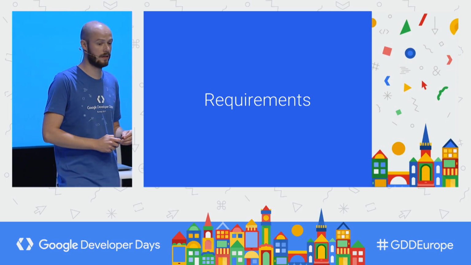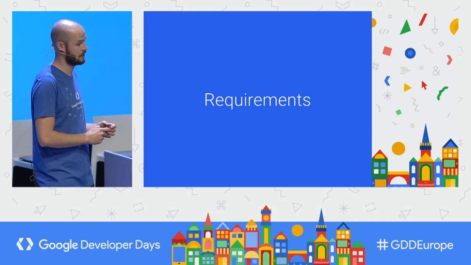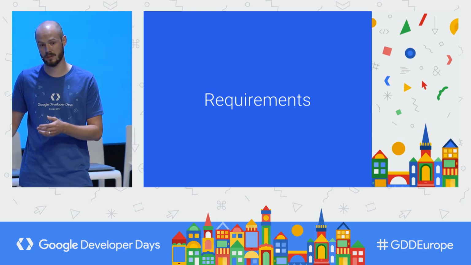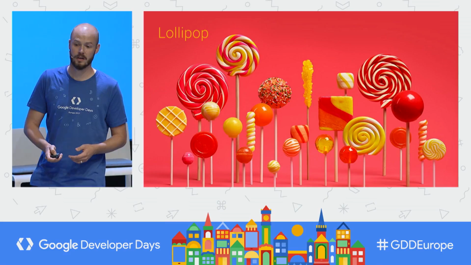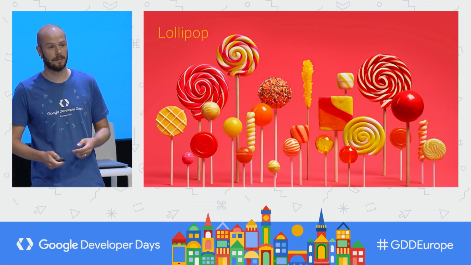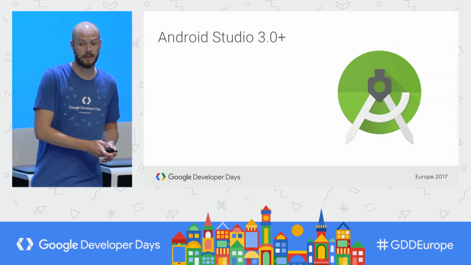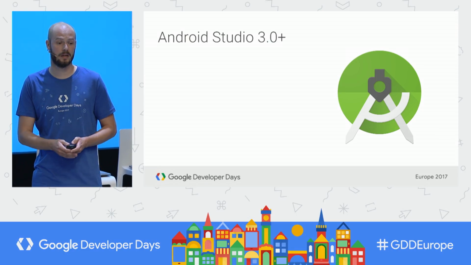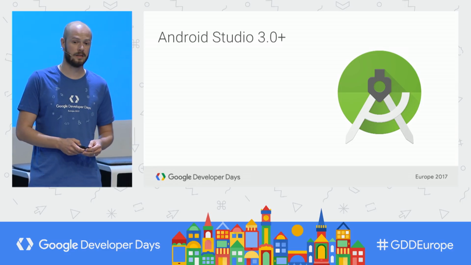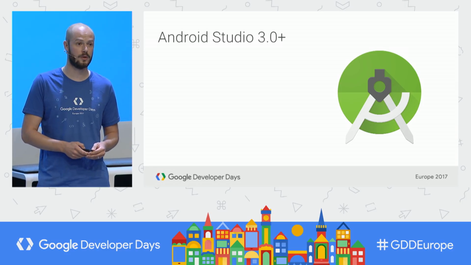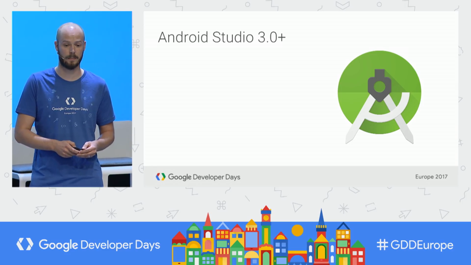Let's take a look at the requirements and the specifications for instant apps on your device, as well as a couple of tools that we can use. It's available to devices running Lollipop and above, which is already a lot. And with Android Studio 3.0, we introduced a set of tools and plugins that developers can use to make Android instant apps work for them.